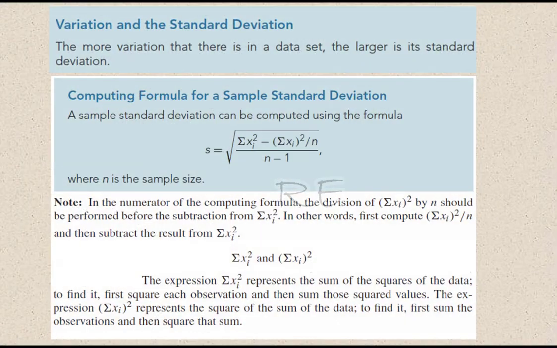Now, there's a computing formula for sample standard deviation. It says that the standard deviation is equal to the square root of the sum of the squares minus the square of the sums divided by n, and the whole thing is divided by n minus 1.